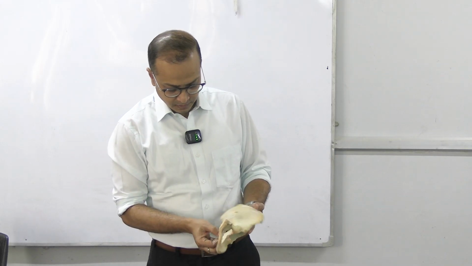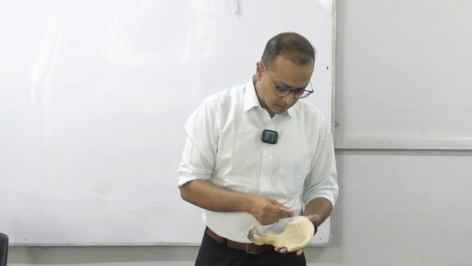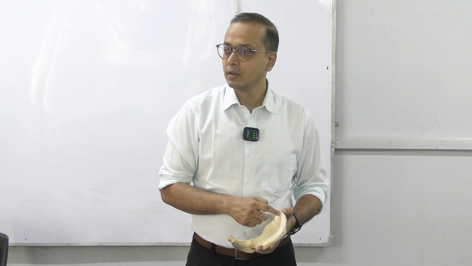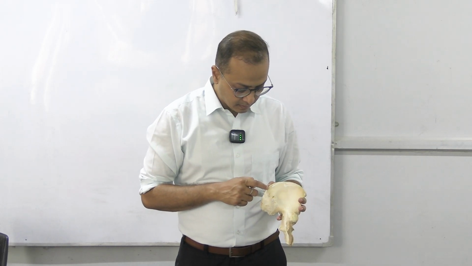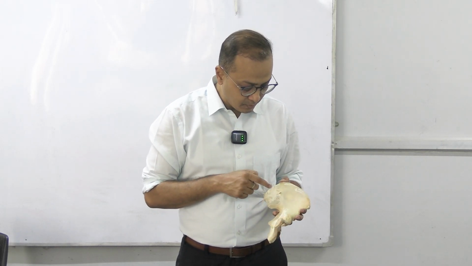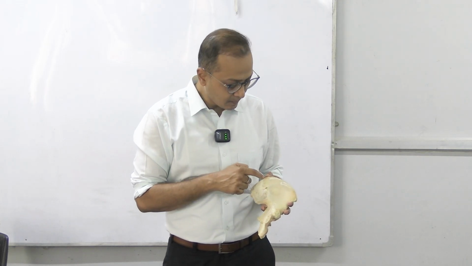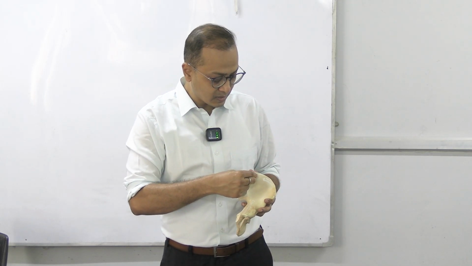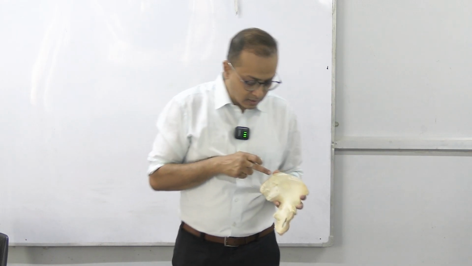Now, coming to what else we have left, one ligament I have to add, which we call the iliolumbar ligament. At this particular point, between the auricular surface or sacropelvic surface and the iliac crest, we have an attachment of the muscle, we call it latissimus dorsi.